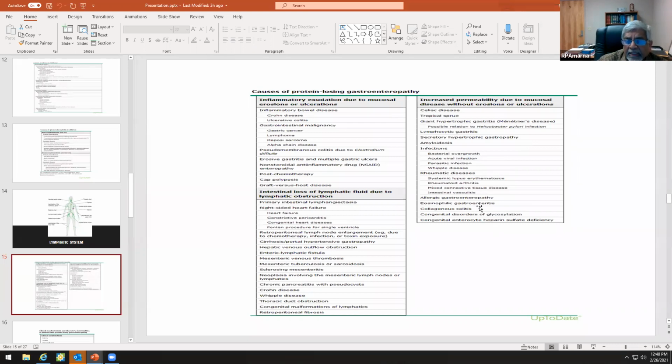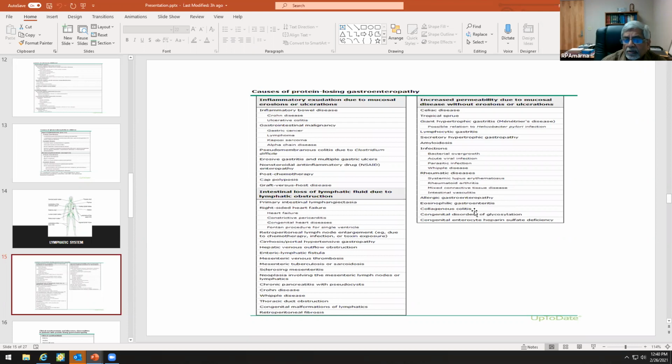One little bit about eosinophilic gastroenteritis. This one is different from eosinophilic esophagitis that we always talk about. This is a diffuse disease in the small bowel as well as in the colon. This can cause significant secretory diarrhea as well as mucosal injury that can produce severe hypoalbuminemia in these patients.